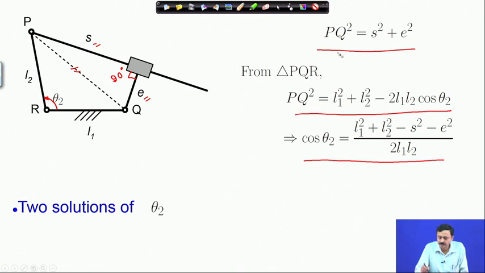So, I have put this expression of PQ squared in this to finally obtain this relation. Now, this equation, this is the displacement relation, relates theta 2 and S.